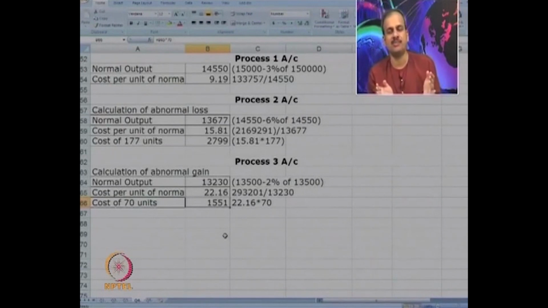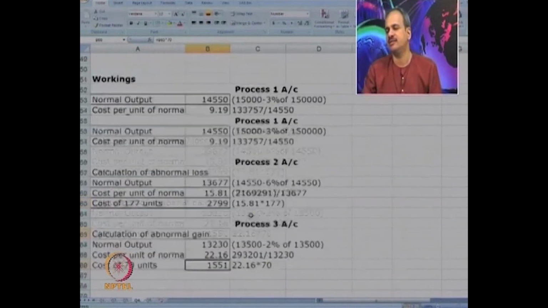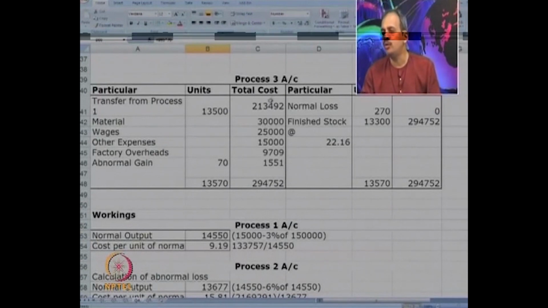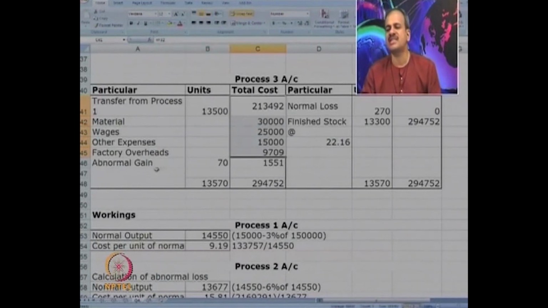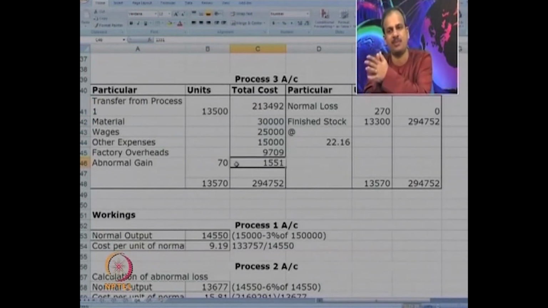So this is a cost, but it is not actually a cost, it's a gain because we have made more production than what was normal. Now look at the process account. So in the process account now, apart from all this cost, we will also show the abnormal gain on the debit side. It will go to the credit of the profit and loss account because this is a profit.